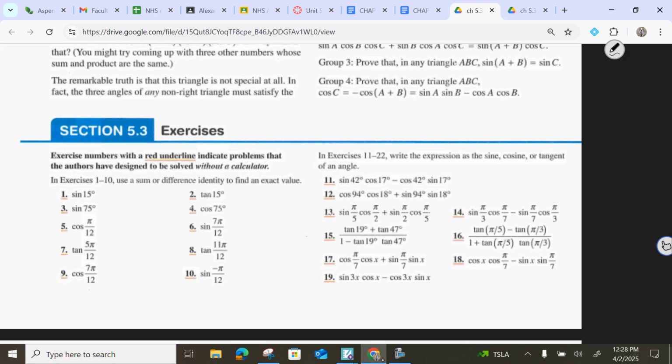You can see pi over 12 is used often. How many degrees is pi over 12? 15, right? 180 over 12. So if you're in radians, it's no different. I could do 3 pi over 12 plus 8 pi over 12, which is pi over 4 plus 2 pi over 3.